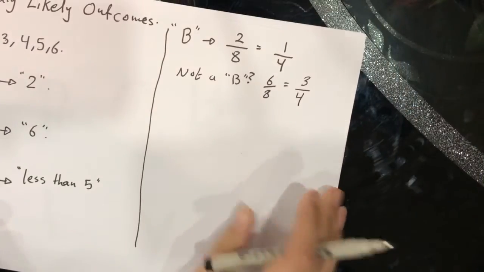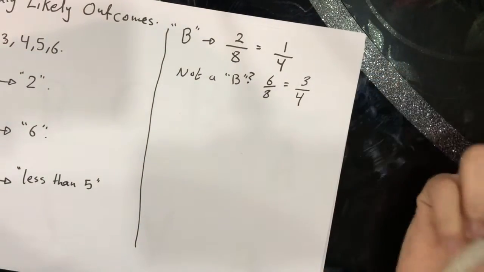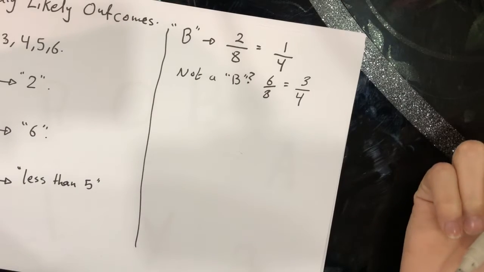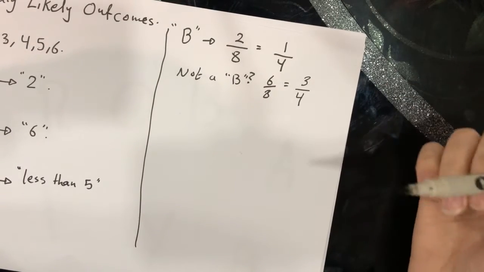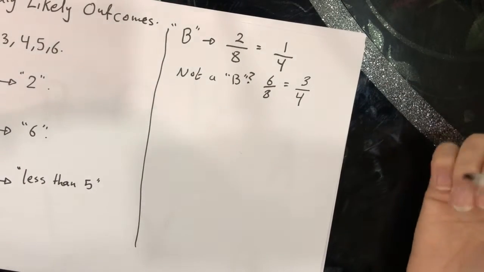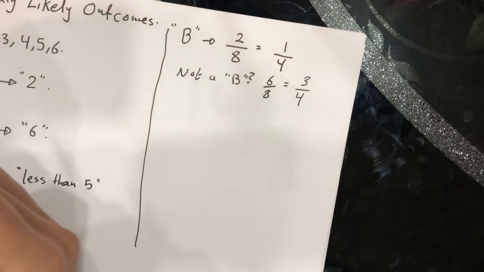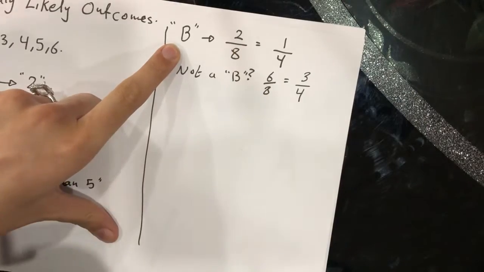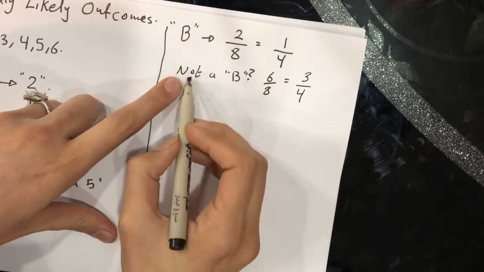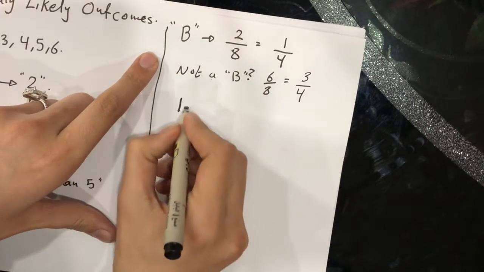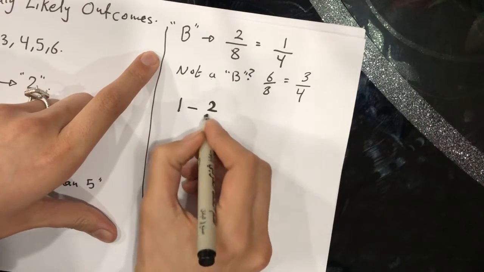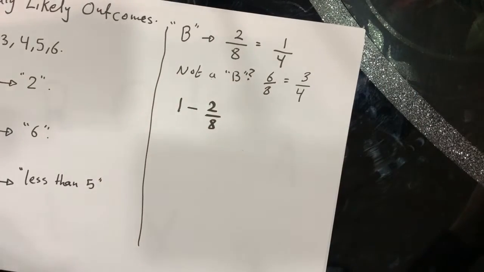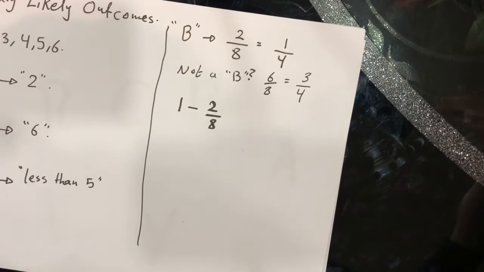Now take a look at these fractions. You could say that I can find the probability in another way. The probability of getting a B is 2 out of 8. So the probability of not getting a B is 1 minus 2 out of 8, like we took in the previous lesson or previous video.